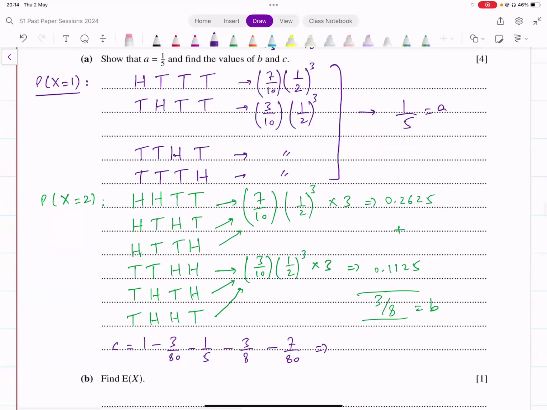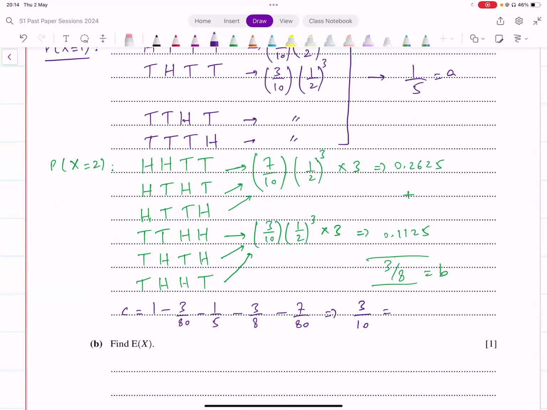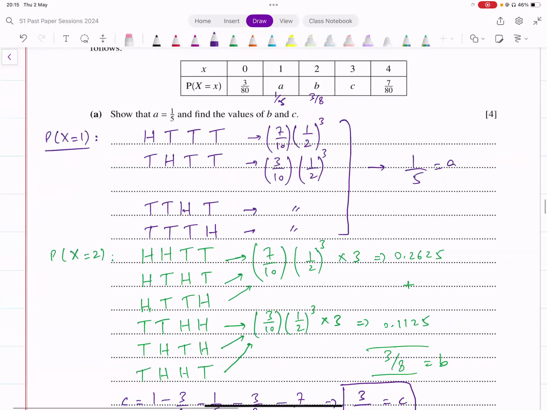Okay, so for C, I'm getting 3/10 or 0.3. That's the value that we've got for C here. Is that okay? Can somebody confirm this as well? Right? Okay, good.